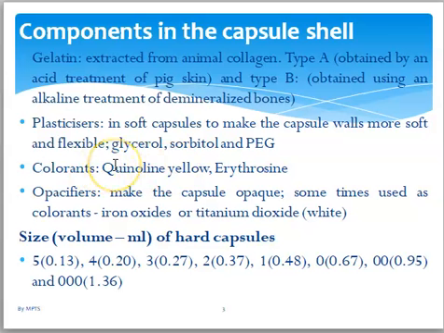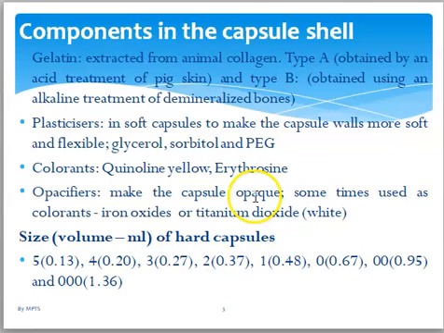Colorants: all of us know double color capsules. People talk about the capsules, those ones are called double color. All of us know black and pink, yellow and red. Then opacifiers are used to make the capsules opaque.